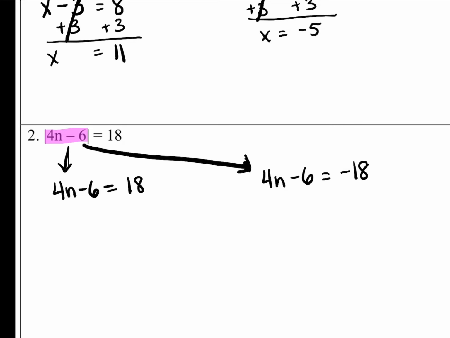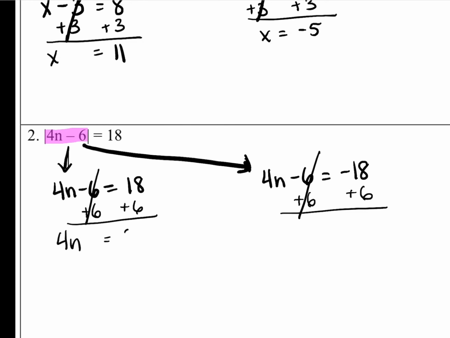Here we have a two-step equation, just like we did in topic 3. So we're going to add 6 to both sides since we see that subtraction, so we want to apply the inverse. It will cancel on the left-hand side, and we're left with 4n equals 24, and 4n equals negative 12.